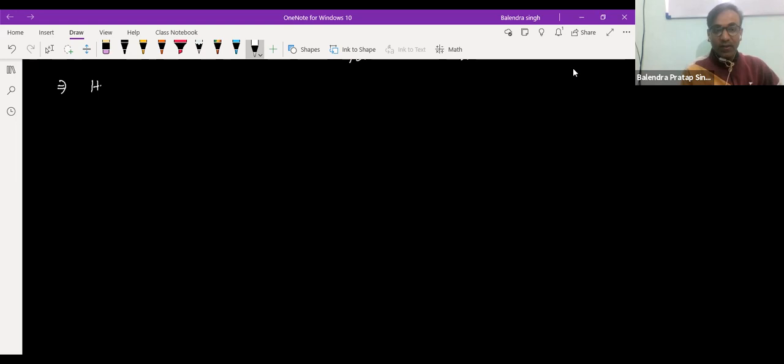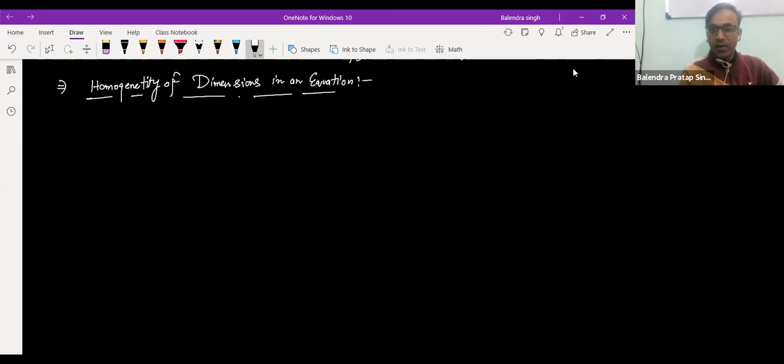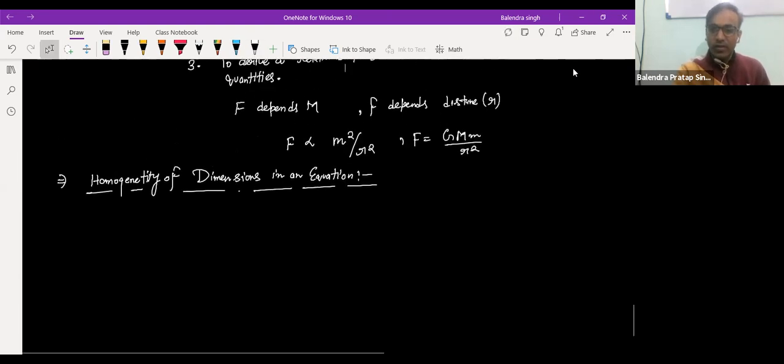Homogeneity of dimensions in an equation. Or you can also say, to find the correctness of any equation, or physically derived units or quantities.